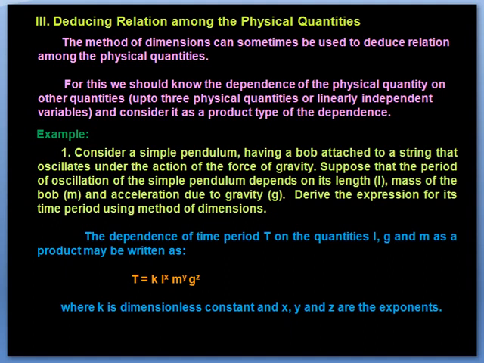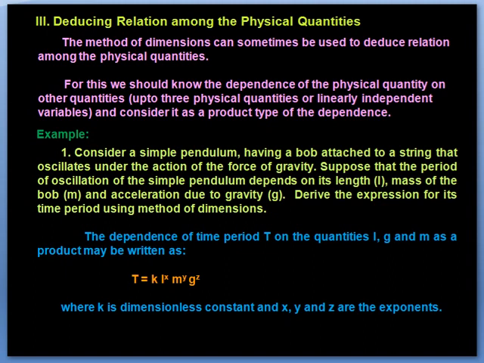See, the time period depends upon 3 physical quantities: number 1, length of the string, number 2, mass of the bob, number 3, acceleration due to gravity, as per the given question. So you have to deduce the relation among all these physical quantities.